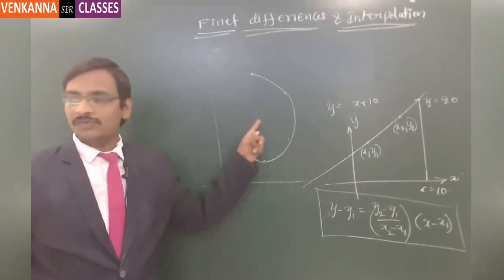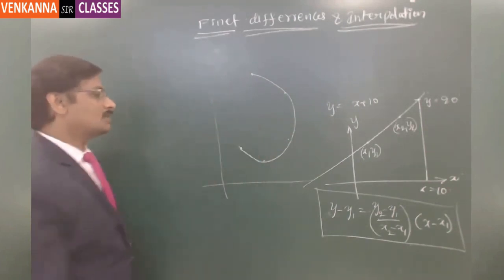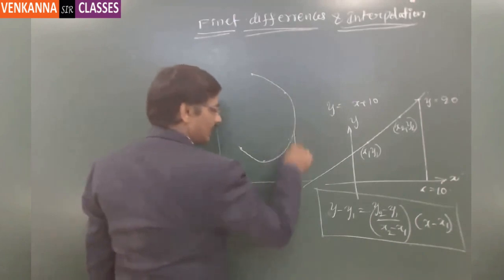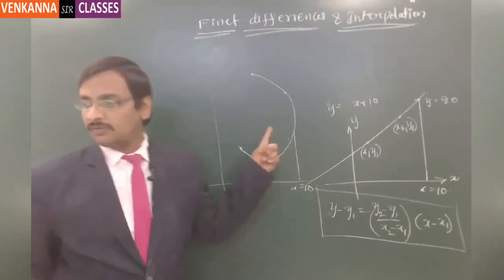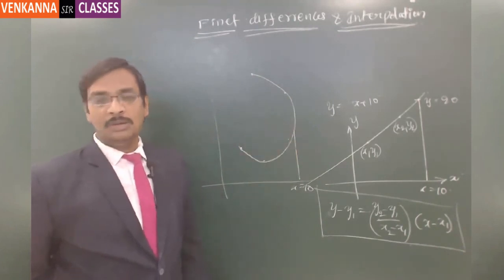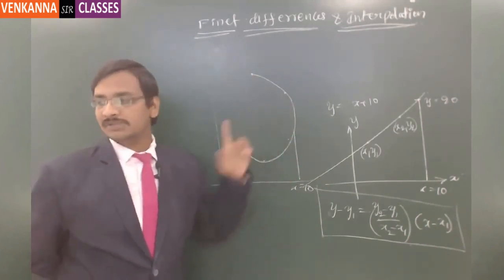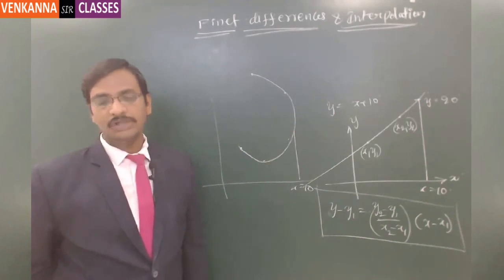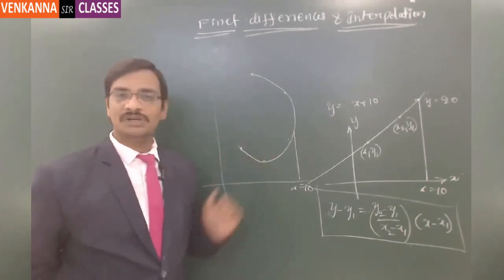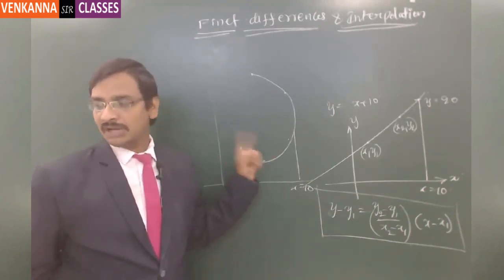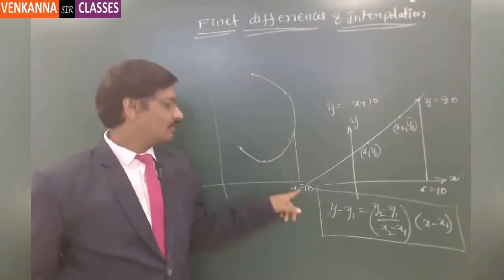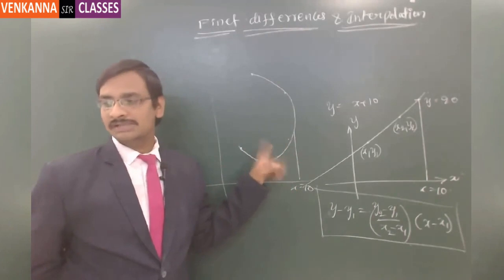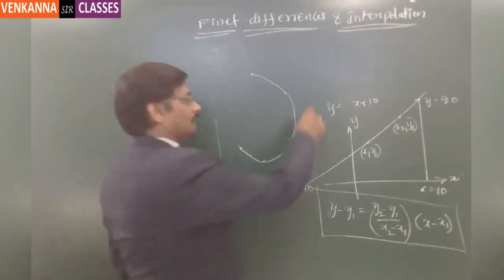But though I know 5 different points, if you ask me what is the value of y at x is equal to 10, let us say, it is very tough for me to find this particular value, because this is not following any specific relation. Got it? Hence this is a challenging task. What is the value of y when you specify a value of x? This is exactly what we call curve fitting.